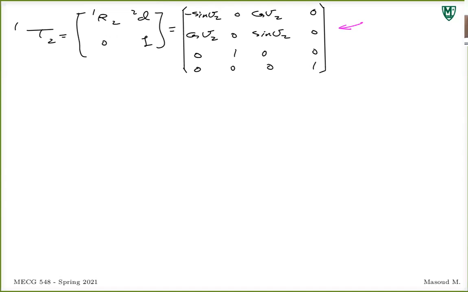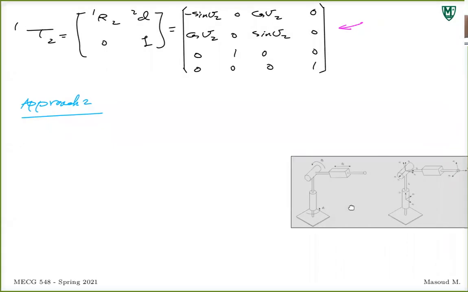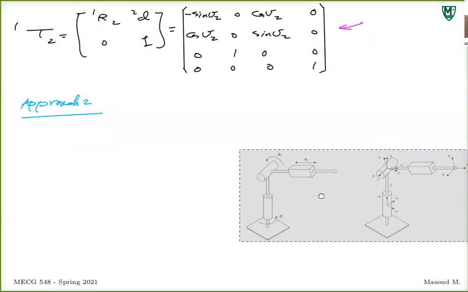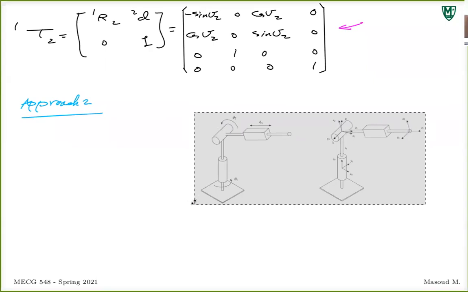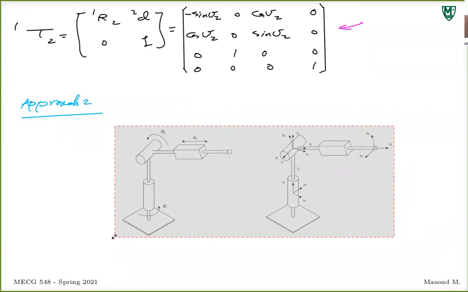Now let's do a different approach. Let's call this approach 2. Now I'll bring the same figure, if I can find it on my computer. I think it was this one. It's a little bigger. So let's do this again.